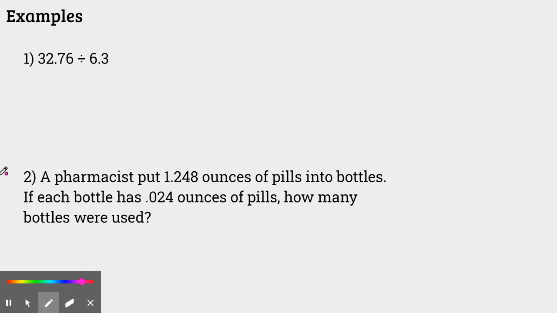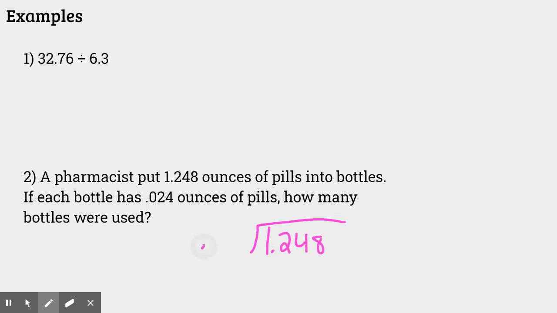All right, now number 2. It says a pharmacist put 1.248 ounces of pills into the bottles. If each bottle has 0.024 ounces of pills, how many bottles were used? So the number that should go underneath my division sign is 1.248, and 0.024 is on the outside.